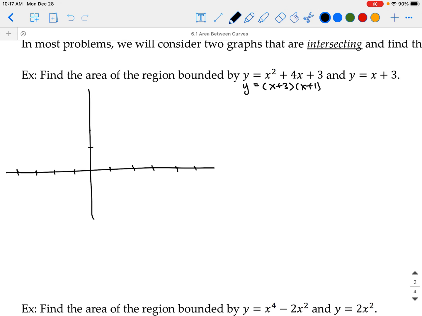What we're really interested in is where these functions intersect and which function is above and which is below. So we can see y equals x plus 3 is going to pass through 0, 3, and negative 3, 0. So it'll look something like that.